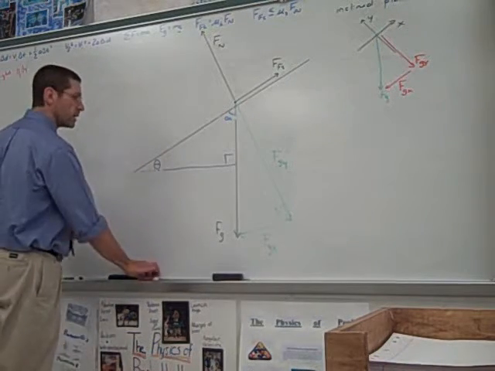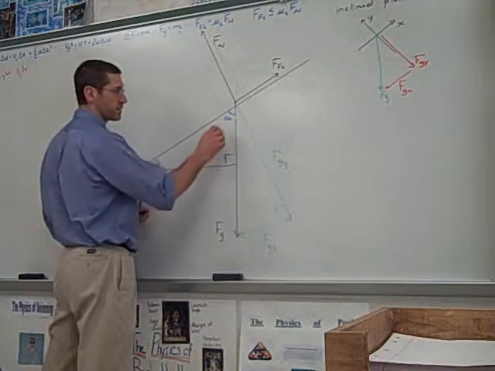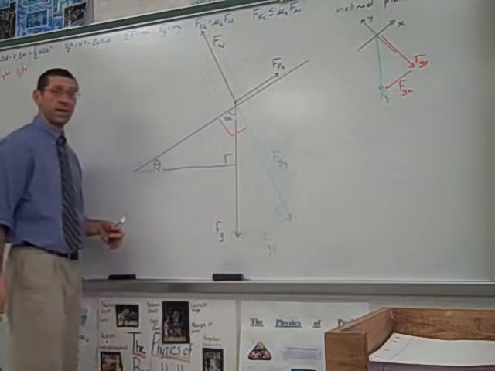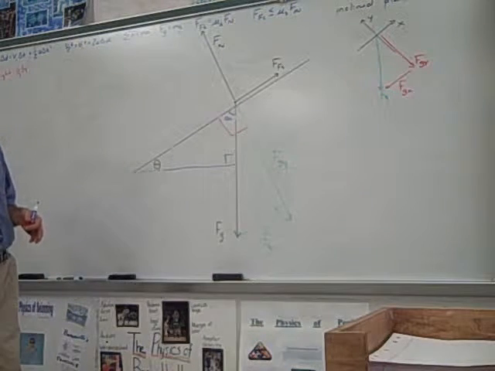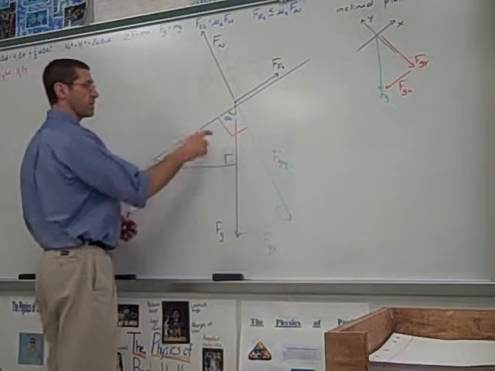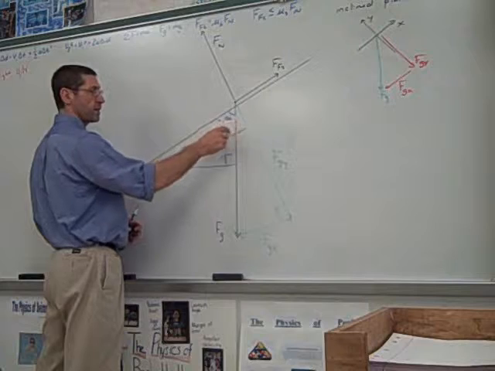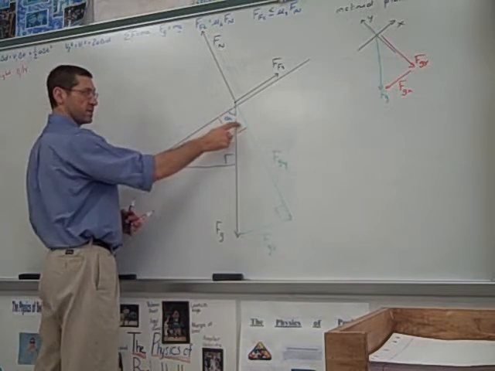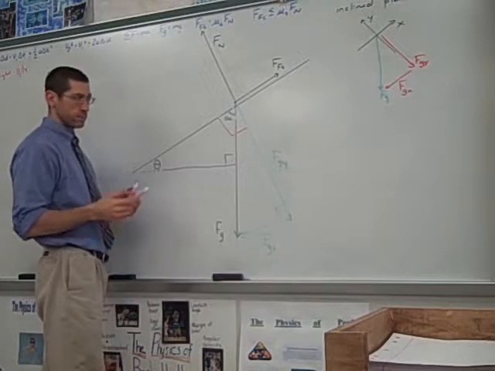Okay, we got that. Now, let's look between the black line here and the green line here. That's a right angle. So that means that if this is a right angle and alpha plus theta equals 90, then what is this angle? Theta.